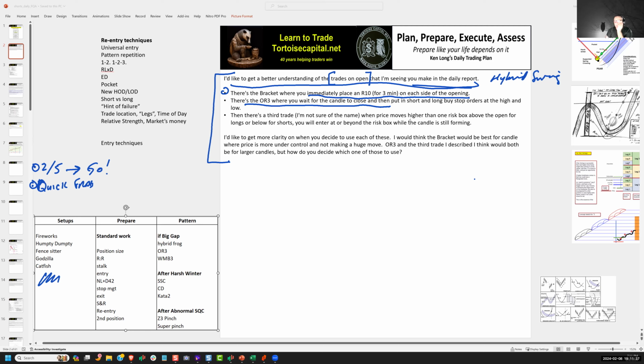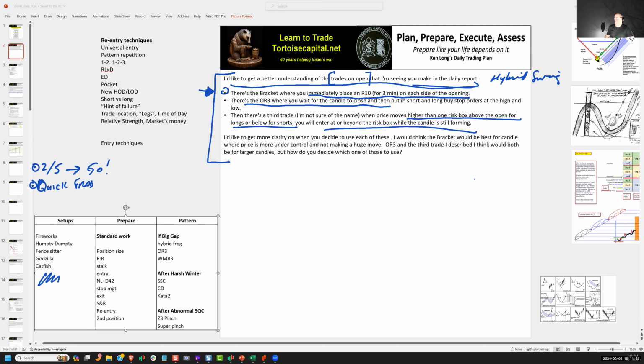And then a third one where, let's see, price moves higher than one risk box above the open, and we enter beyond the risk box while the candle is still forming. That's pretty close to the first one, which is sort of a deliberate bracket.